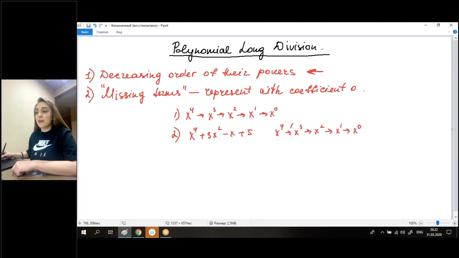But we don't have x cubed, and this is our missing term. That's why I must write it with the coefficient 0. How can I write it? x to the power of 4 plus 0 times x cubed plus 3x squared minus x plus 5.